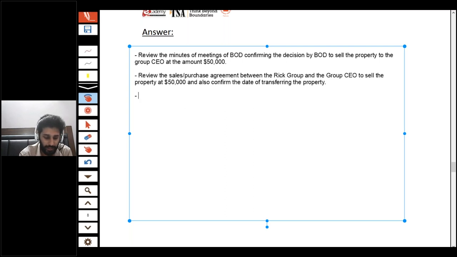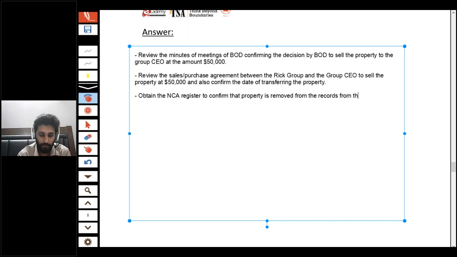I will be writing that obtain the NCA register to confirm that property is removed from the records from the date when it was transferred to the group CEO, right?